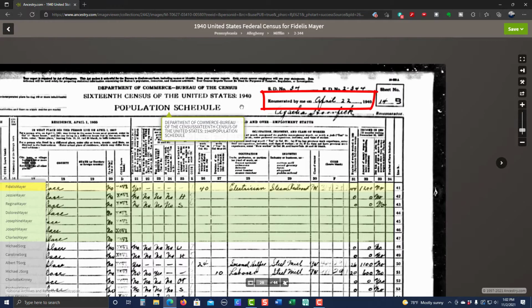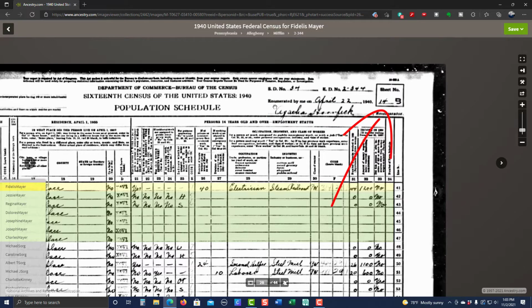Now it'll also show the date that the enumerator went around on this page to these people, in this case April 22nd, 1940. And the enumerator actually signs this too. It looks like Agatha Hornfeck, I think it probably is.